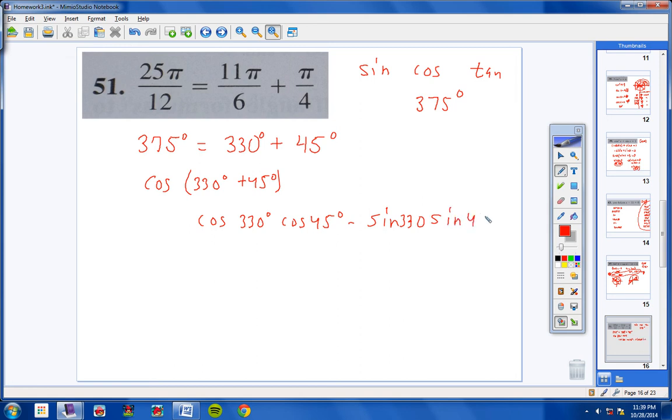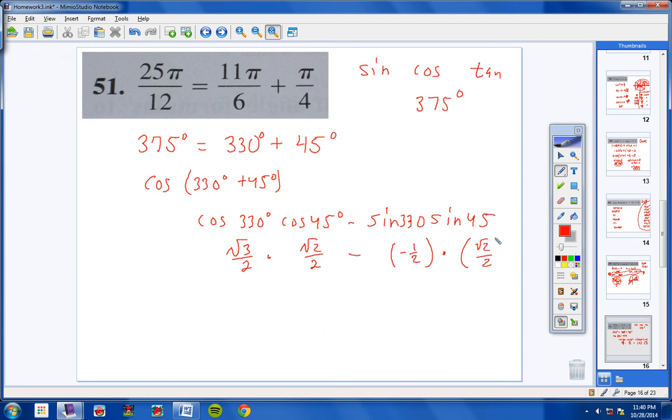And students, we just found all of these in the last problem, so the cosine of 330 is square root of 3 over 2. Times the cosine of 45 is square root of 2 over 2, minus the sine of 330 is negative 1/2, and the sine of 45 is square root of 2 over 2.